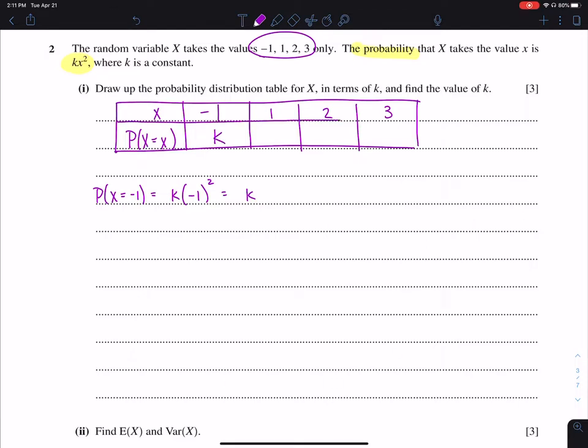And then if you keep doing that with all of the x values, like a +1, k times 1 squared, you're going to also end up with k. And then as you start to get this pattern down, you can say, okay, well, if I square 2, that's 4k, and if I square 3, that's 9k.